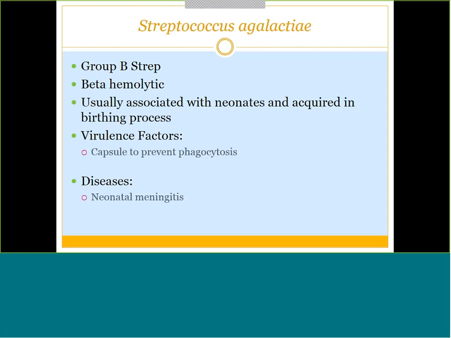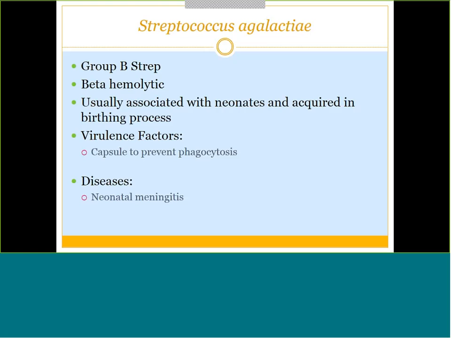What this is, if any of you women have been pregnant, at some point during your pregnancy, you were swabbed to see if you carried Strep agalactiae or Group B strep in your vaginal tract. If you carried that Group B strep down there, you were given antibiotics to wipe it clean. That way, when you give birth, your baby doesn't pick up that Group B strep upon birth.